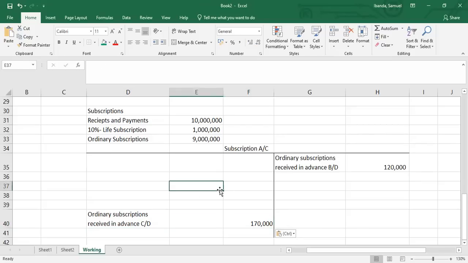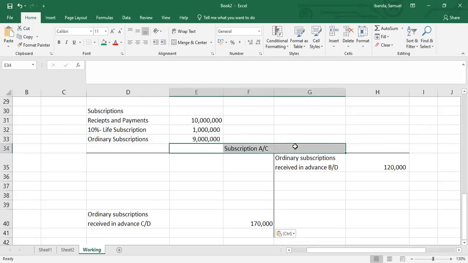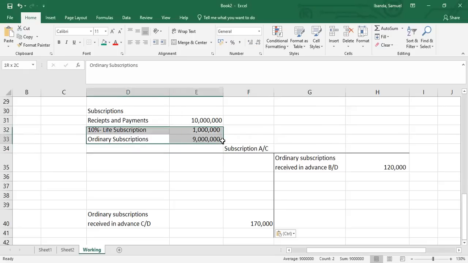Now, next that I should be looking at are subscriptions that were received during the period. This subscription account is an income account. And when we receive any subscriptions, these should be credited, okay? We should credit this in our subscription account. So what I'm going to do is pick that 9 million and credit it in my subscriptions account, okay?